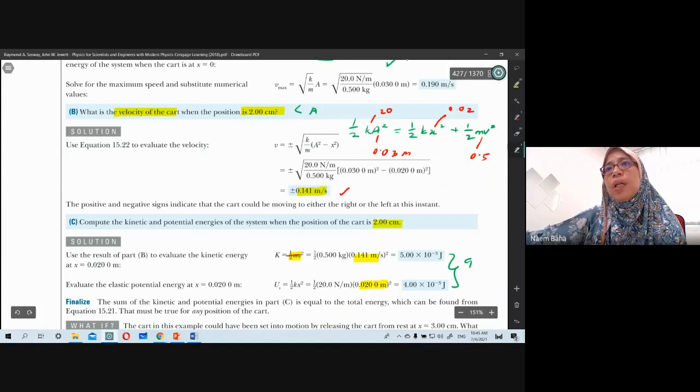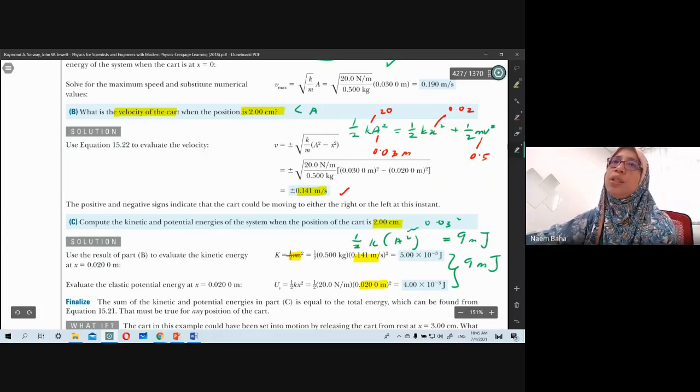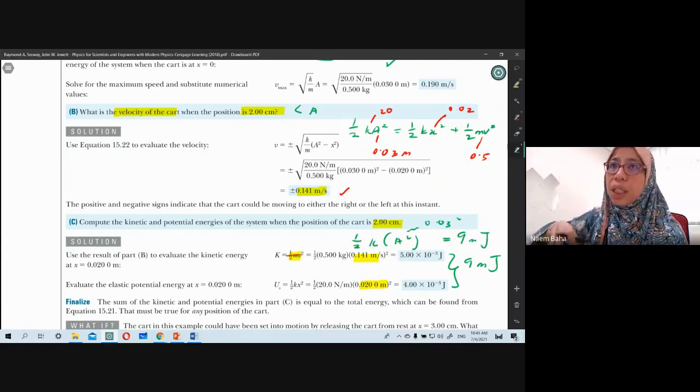is 9 millijoule. Now, I'd like you to give a try half k A squared. Now, this A is 0.003 squared. You will indeed arrive with 9 millijoule. So this is what I'm trying to say from the very beginning, that total energy is 9 millijoule at the amplitude, at x equivalent to 0 equilibrium.